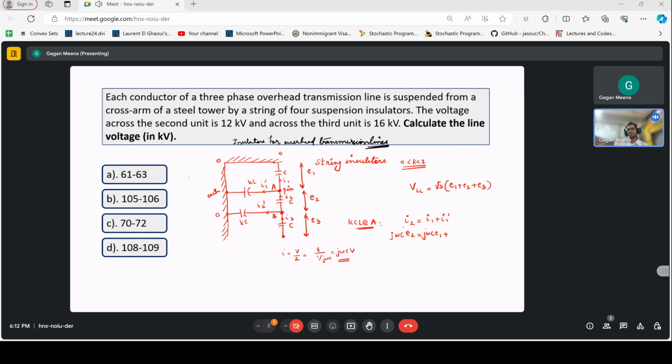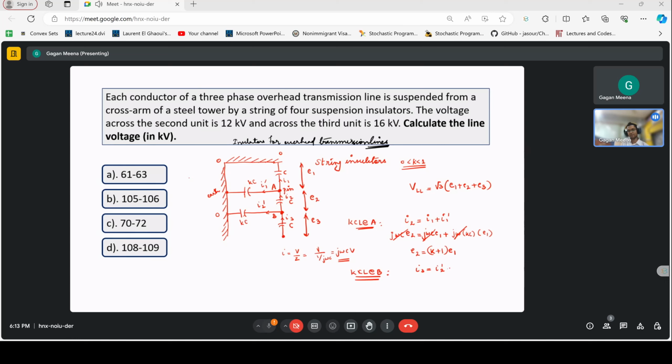Similarly, we can write the KCL at node B also, and it will be I3 is equal to I2 dash plus I2. This is equal to j omega C E3 is equal to j omega C E2 plus, now the voltage across this capacitance is E1 plus E2. So it is j omega KC into (E1 plus E2).